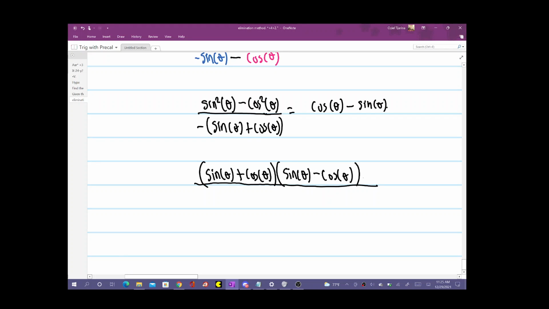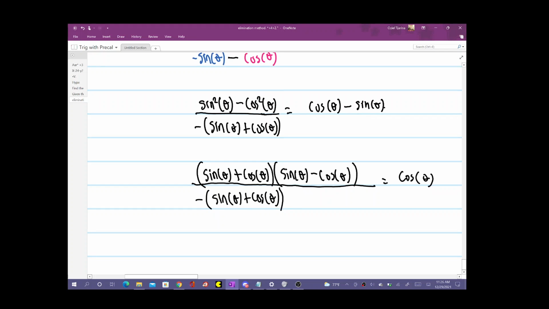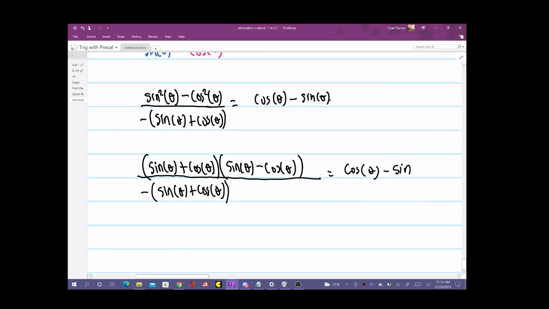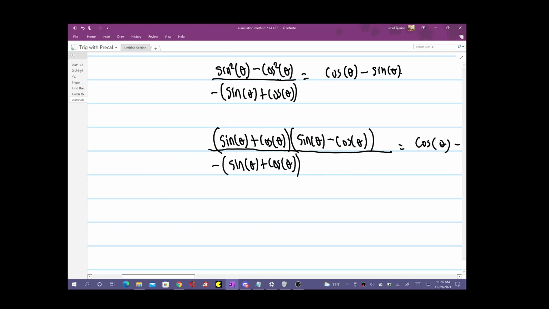So it's all over negative the quantity sine of theta plus cosine of theta. So then we cancel this out. We're left with a negative 1 here. So basically we have this. Don't forget your negative on the bottom. It's over negative 1, right?